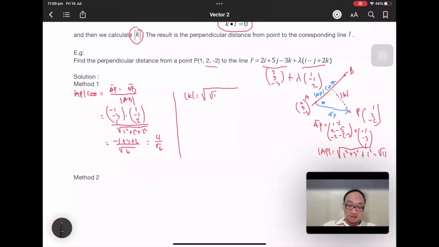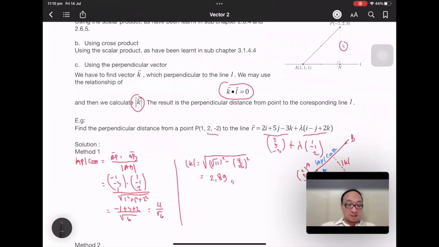So root of 11 square minus the projection, which is 4 over root 6 square. So this is equal to 2.8 times. This is the answer. This is the first method. Now we use the second method.